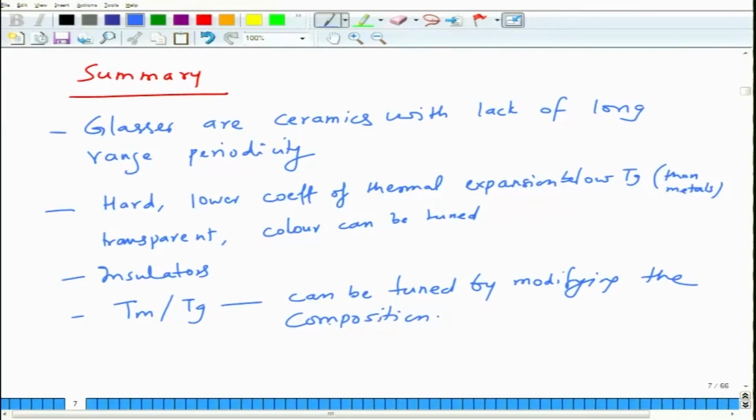The elements that you add are called glass modifiers, such as sodium, calcium, boron, these kinds of elements. You can see that typically the elements that you are putting in have a valence lower than that of silicon. Okay.